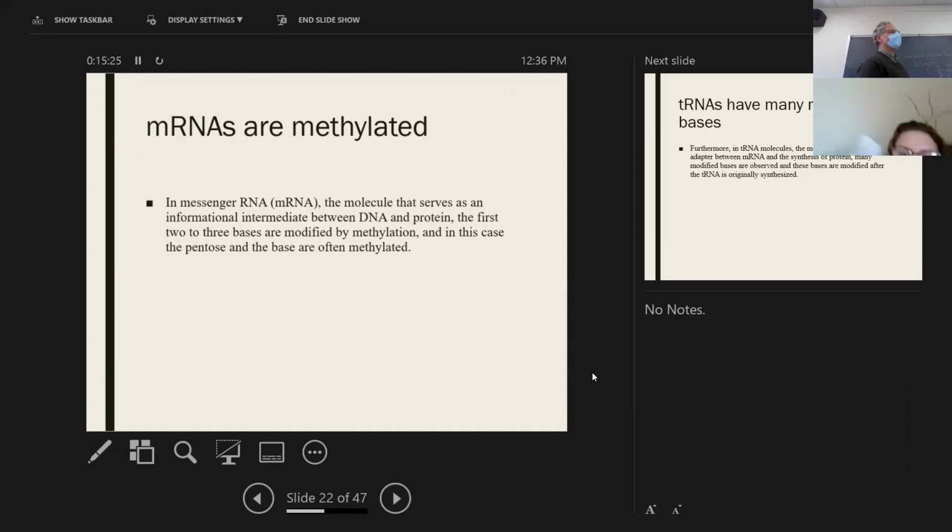Messenger RNAs are methylated at the cap. Usually the first and the second base, sometimes the third base of the messenger RNA is methylated. Sometimes too the sugar gets methylated as well.